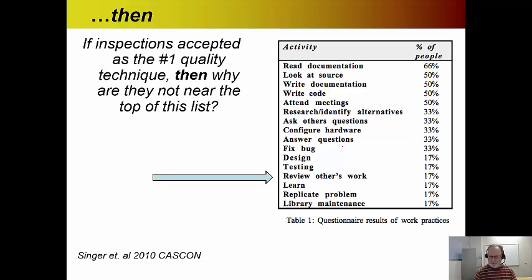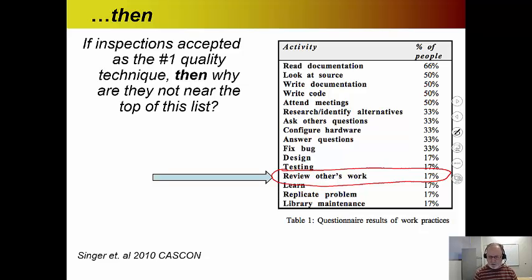Now, we just showed in the previous slide that inspection reviews are the number one quality technique, at least better than testing, so take a look at where developers spend their time. There's a paper from the Cascon Canadian Software Engineering Conference in 2010, and this researcher found through a survey questionnaire that only about 1 in 6 people indicated that reviewing each other's work was a significant practice.